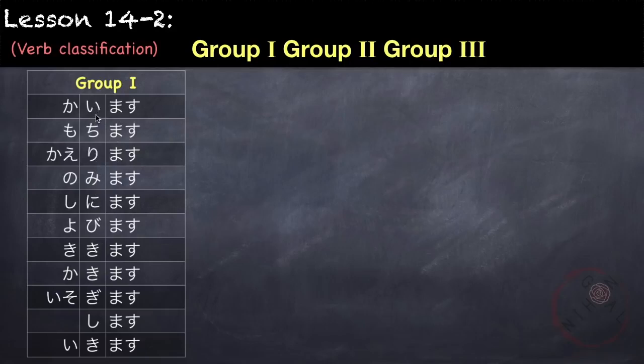For example, i, chi, ri, mi, ni, bi, ki, gi, shi, and so on. So here we have kaimasu, mochimasu, kaerimasu, nomimasu, shinimasu, yobimasu, kikimasu, kakimasu, isogimasu, kashimasu, and ikimasu.